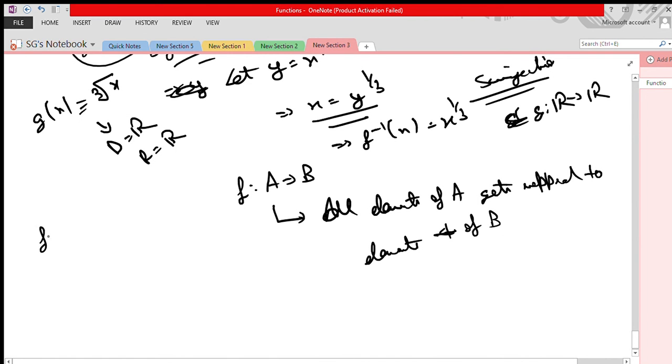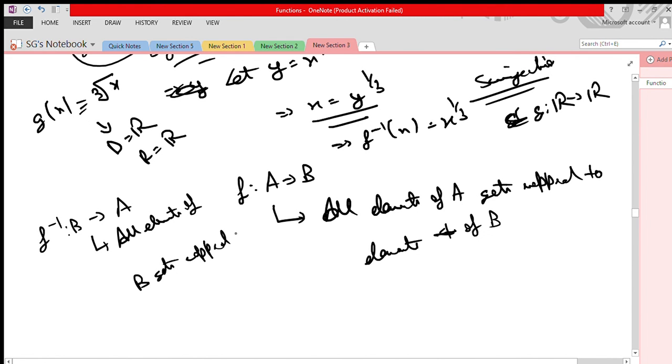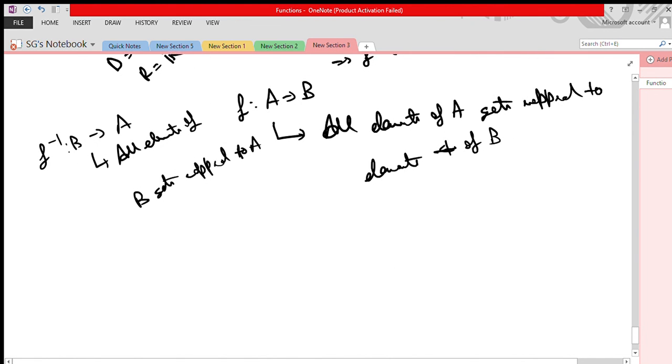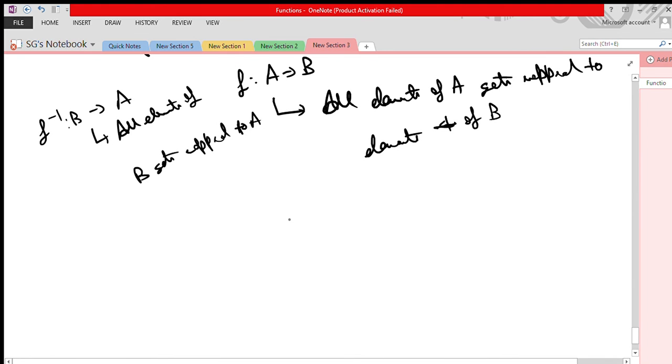So if the inverse function exists, then we can say that all elements of B get mapped to A, and also if A and B are 1-1, that is, every element has a distinct image in B.